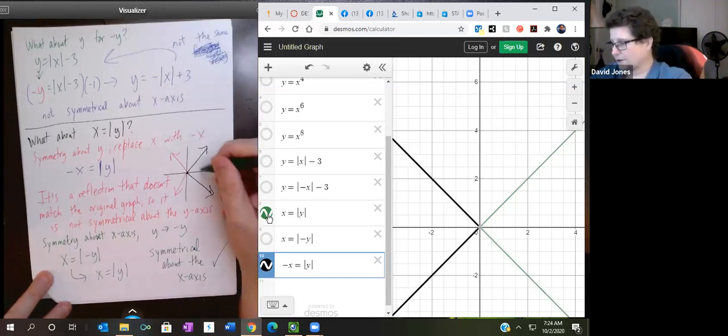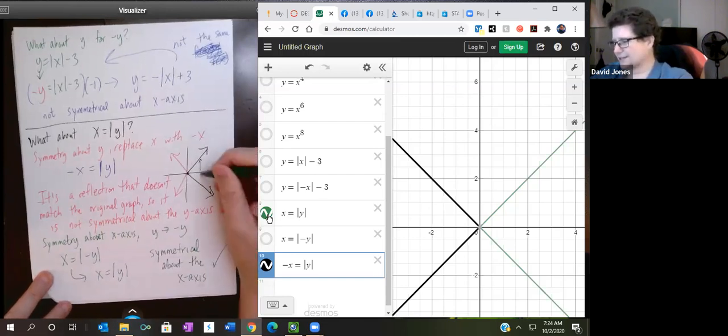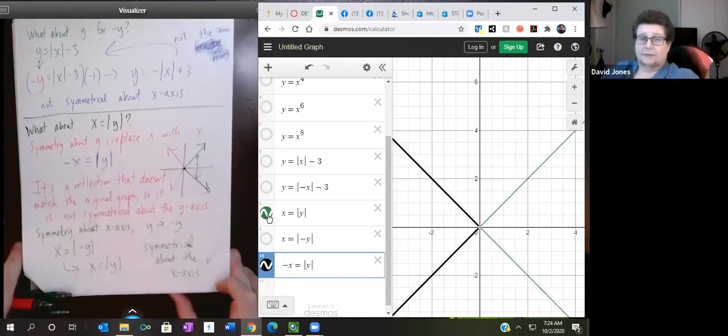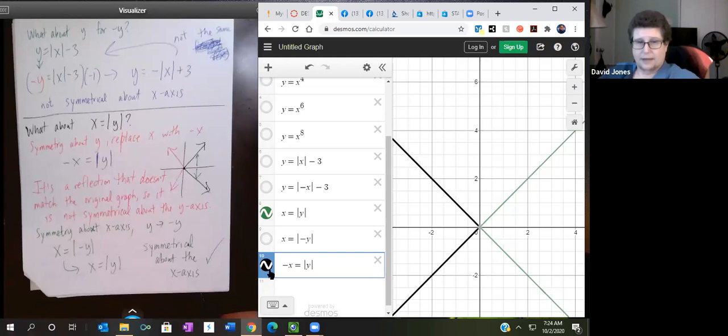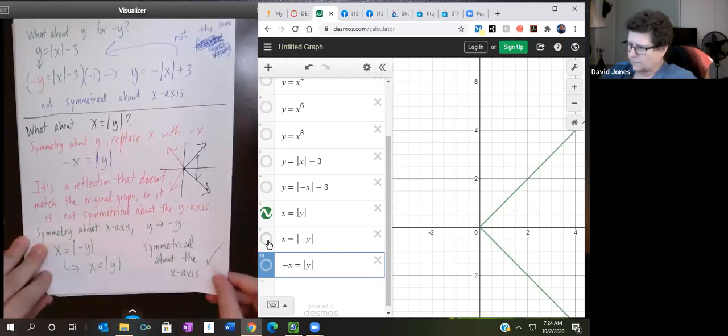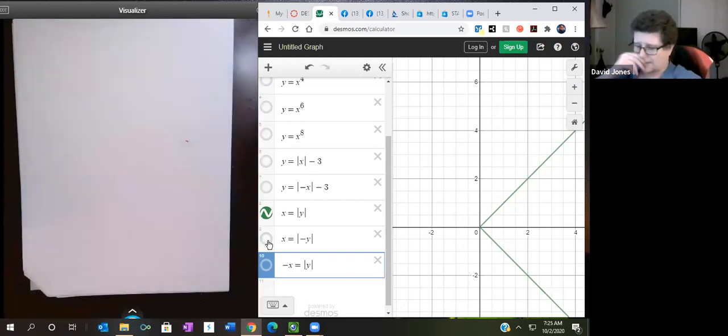Which means if I go up certain units from the x-axis, I'll see the same thing if I go down the same amount of units from the x-axis. And we see that here. The graphs are the same. When I stick in negative y, I get the same graph. Which is another way of looking at it. In fact, graphically is almost a better, or easier way of understanding it.